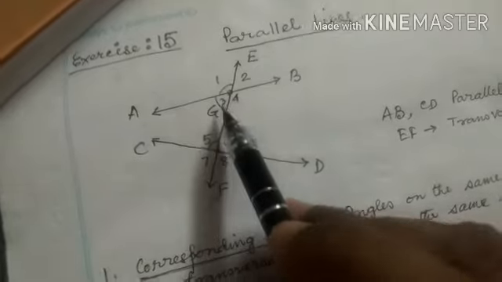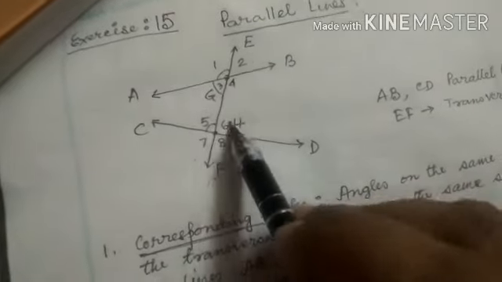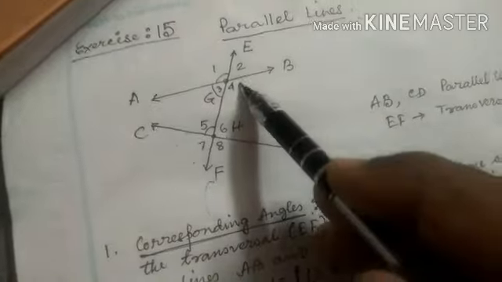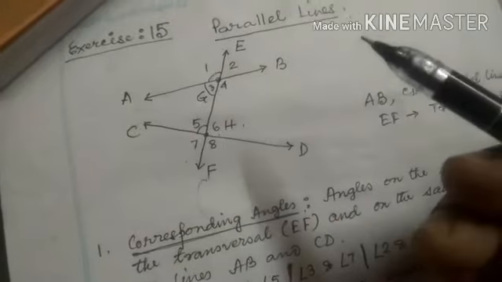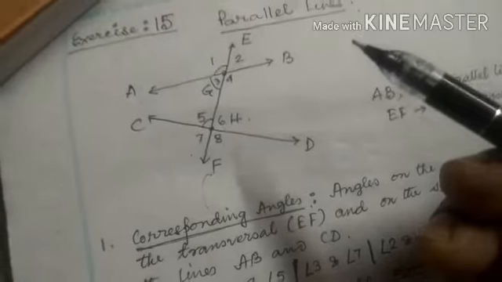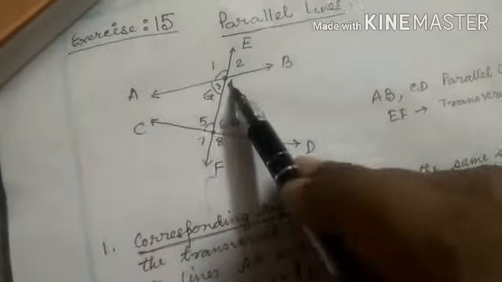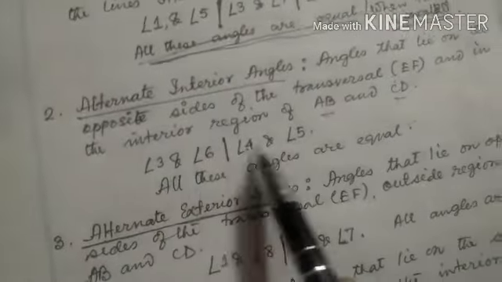So this means 3 and 6 are alternate interior angles, and 4 and 5 are alternate interior angles. 3 and 6, 4 and 5.